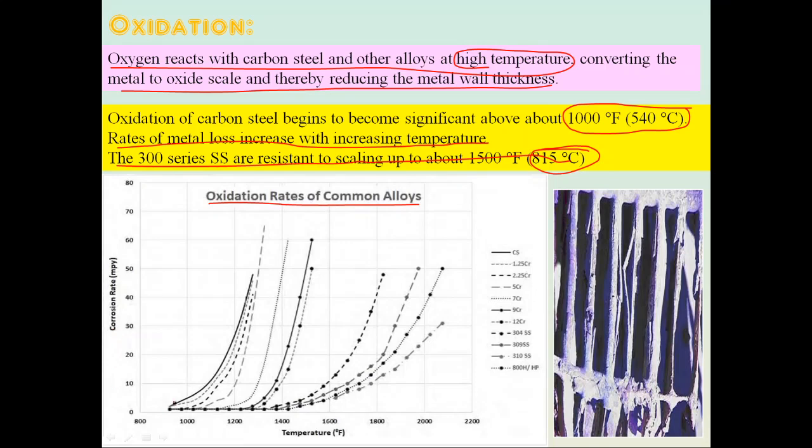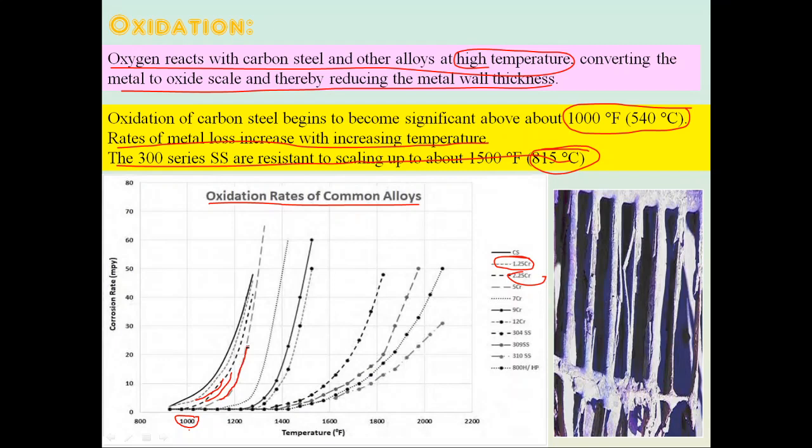Here first is carbon steel, at 540, this is 1000 Fahrenheit, around 500 to 550 degrees C. Then next comes 1.25 chrome low alloy steel, then 2.25 chrome, then 5 chrome, then 7 chrome. These are alloy steels with higher alloy content.